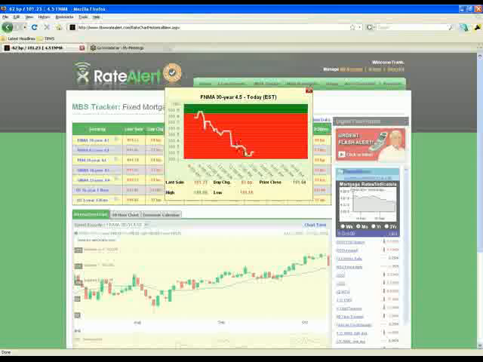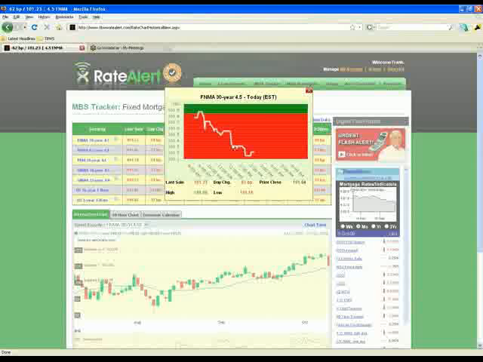Okay, great. Another thing we can do here is click on this Fannie Mae 30-year 4.5 coupon, and we can bring up in a graph format what this particular coupon has done. We can see there's a line, with green on the top and red on the bottom, separating the green from the red. You can see where the market started on this particular coupon, and we can track how it's moving through the day, which in this case is not so good for us.